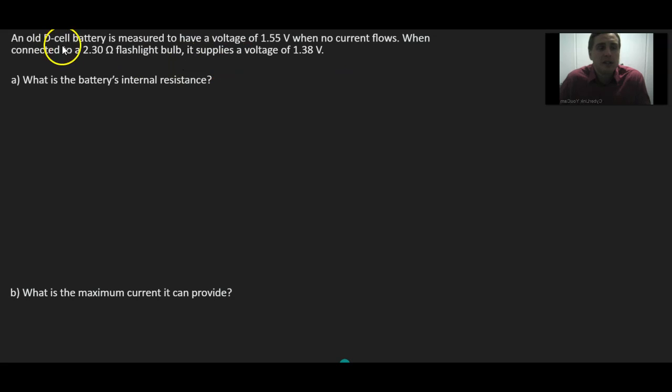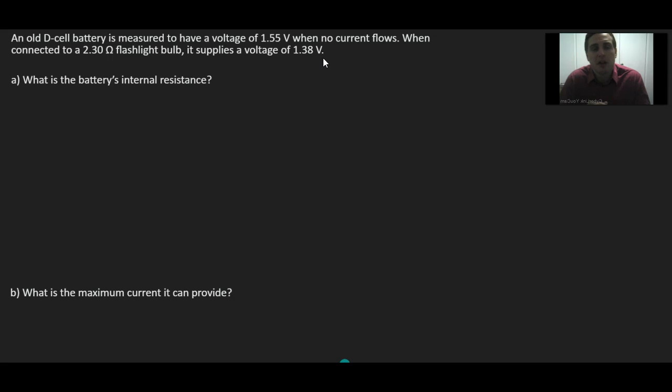An old D-cell battery is measured to have a voltage of 1.55 volts when no current flows. When connected to a 2.30 ohm flashlight bulb, it supplies a voltage of 1.38 volts. Okay? So the idea is that real batteries have a certain voltage across them. So a D-cell battery is usually rated about 1.5 volts.